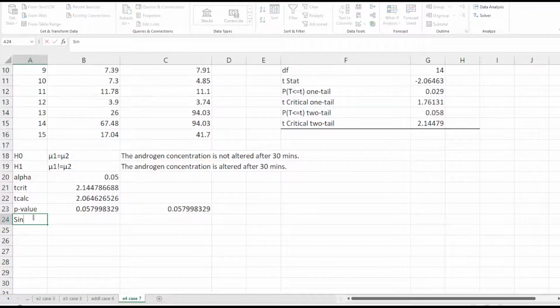So, we can do, since t-calc, and just to be complete, lagyan natin absolute value na lang, parang ganyan. Since tcalc is greater than tcrit, then we, oh no, sorry, it's not greater pala. It's less than tcrit.